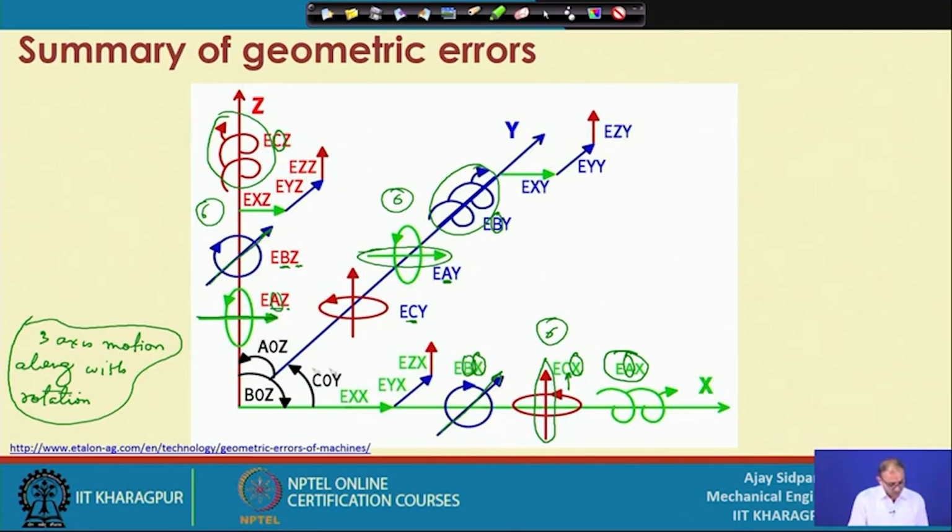What we have to take care of is perpendicularity, that means orthogonal surfaces, correct. And then we also have to make sure that when they rotate, they should rotate along their own axis only, without any addition of the other axis. So, these are the geometric errors which we have to consider during the fabrication of the axes of the machine.